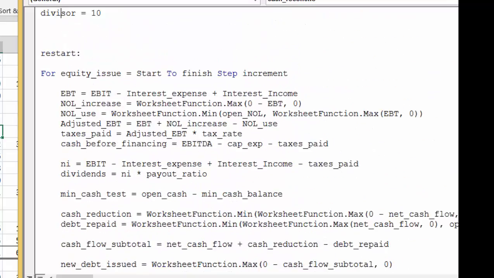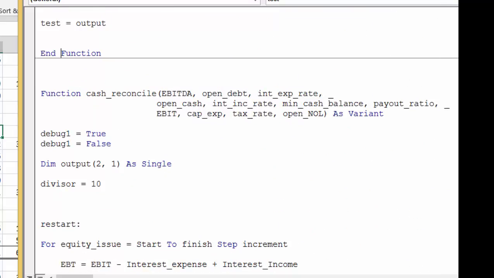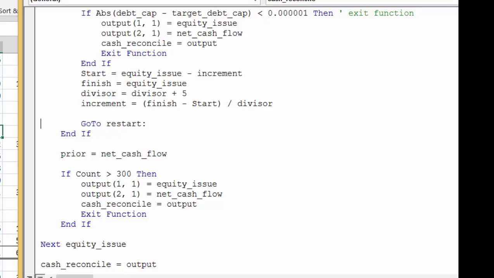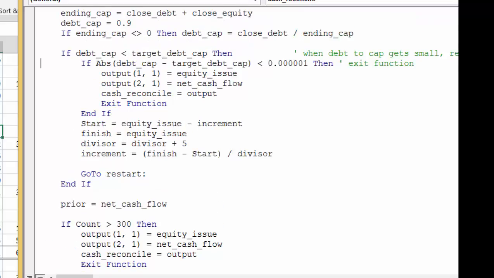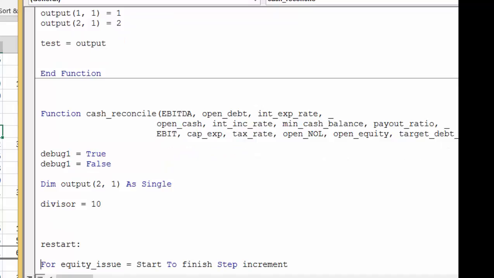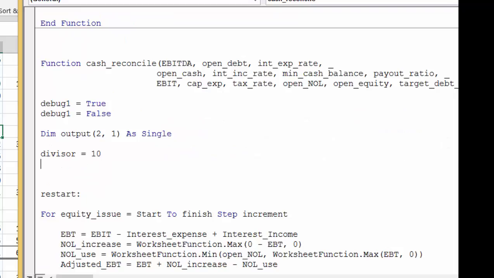So we need the open equity, and then we have the target debt to capital. Target debt to capital. I hope we have that. Okay, now the final thing we have to do is really get this started.